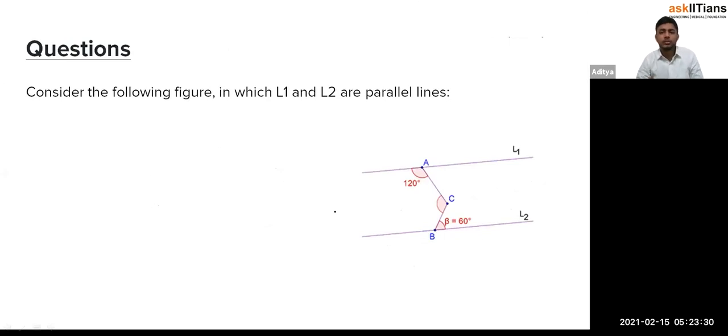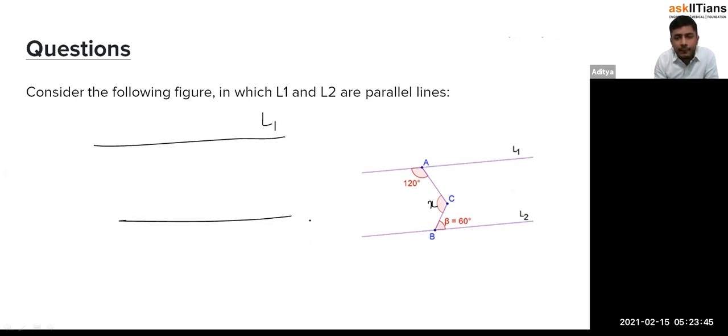Consider the following figure in which L1 and L2 are parallel lines. We have to find this given angle x, okay? So how do we do that? Let us redraw this diagram here. L1, L2 and 120 degree.